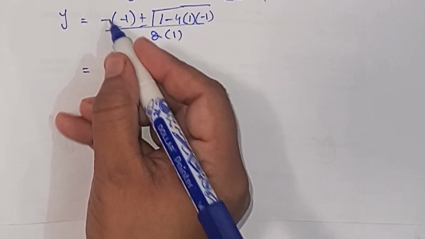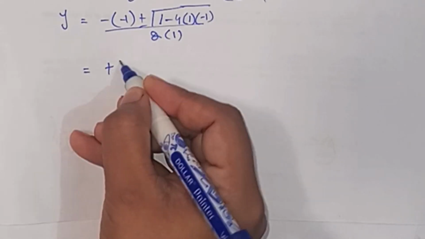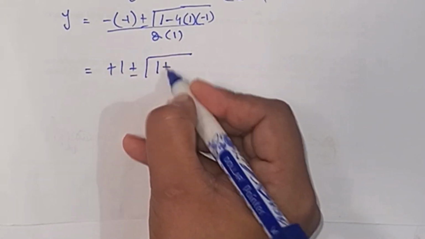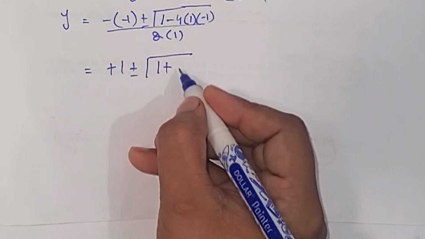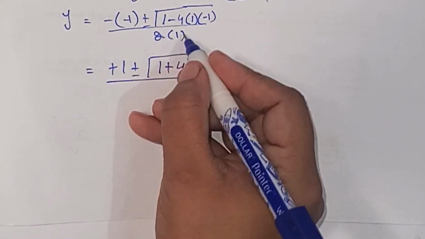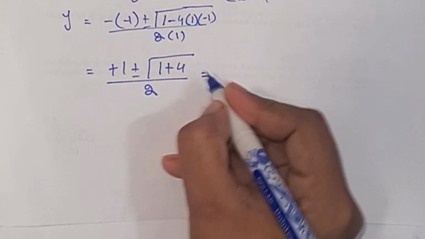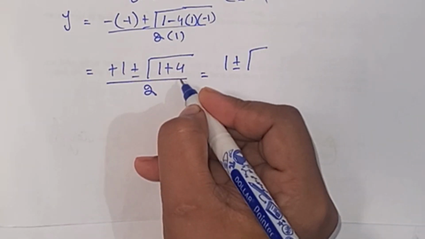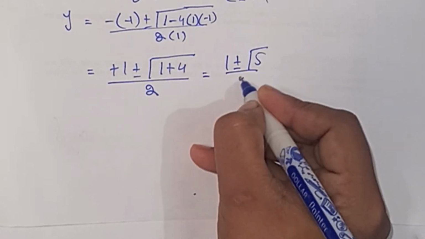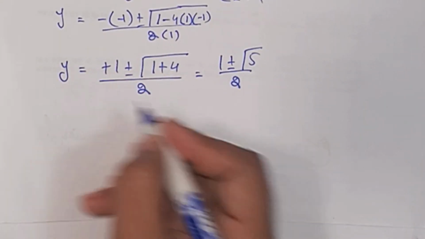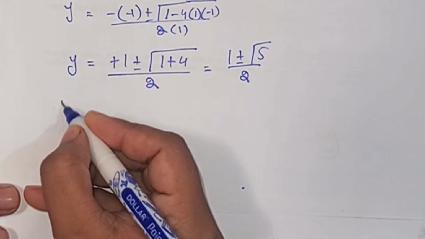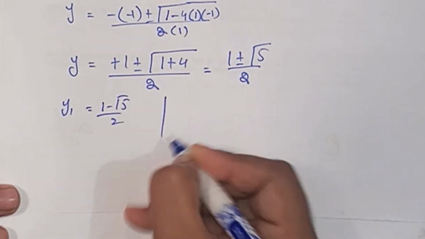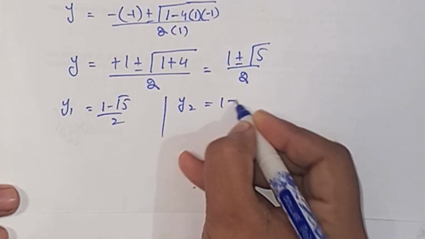Minus and minus become positive 1 plus or minus square root of 1 plus 4, over 2. So we get 2 values of y: one is 1 minus square root 5 over 2, and the second is 1 plus square root 5 over 2.